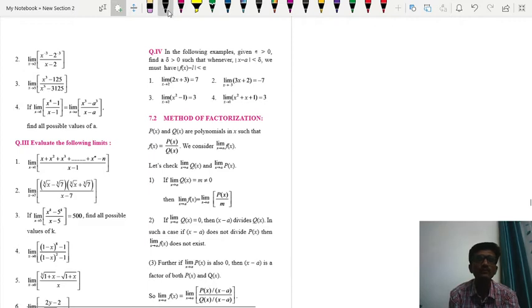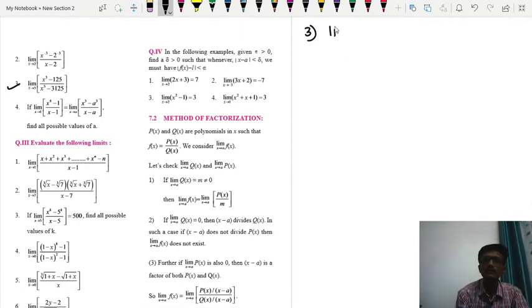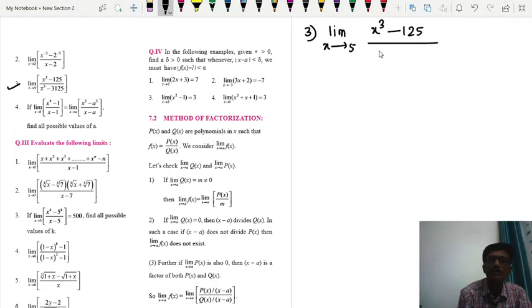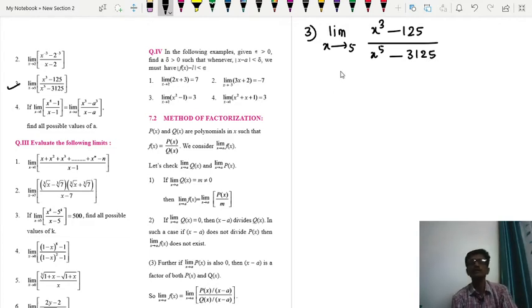Limit x tends to 5, third one, x cube minus 125 upon x to the power 5 minus 3125. So how do we evaluate this limit?